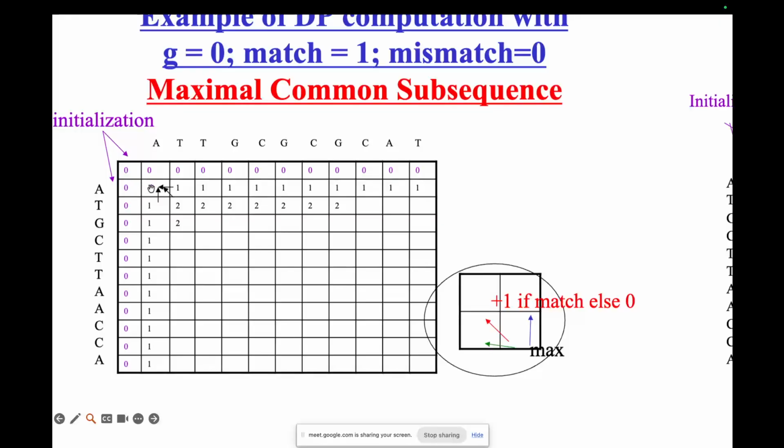By the algorithm, if you want to find the alignment score of here, which is Si comma Sj, let us assume this is the ith position and this is the jth position, we need the alignment score for I minus 1 comma J minus 1, right? Because that is how the algorithm will work.